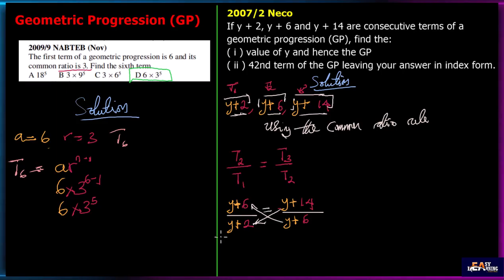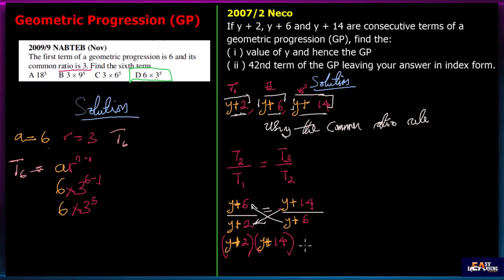Now this here, y plus 2, all in bracket, we'll multiply y plus 14, all in bracket. We're done with that.